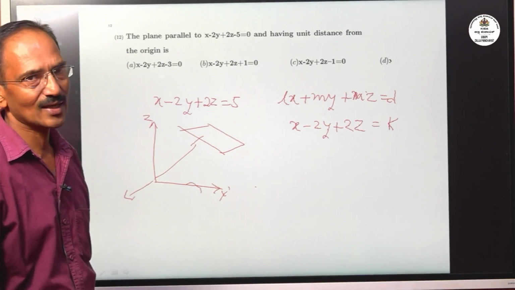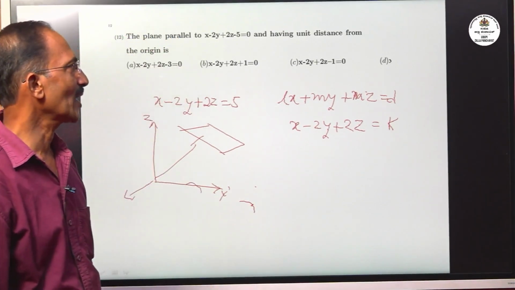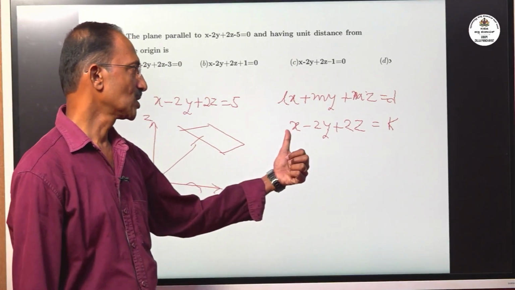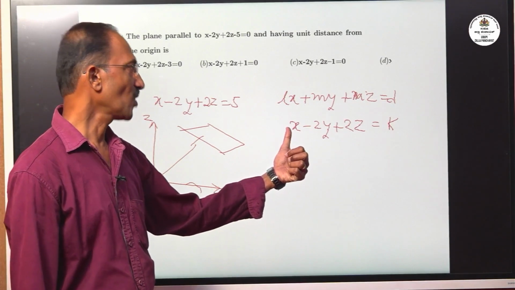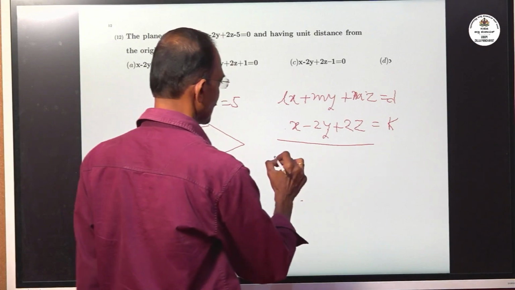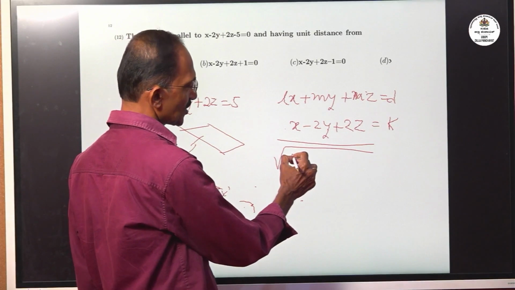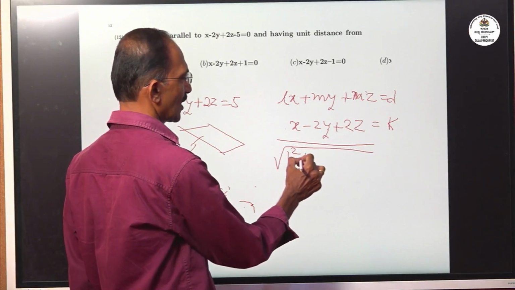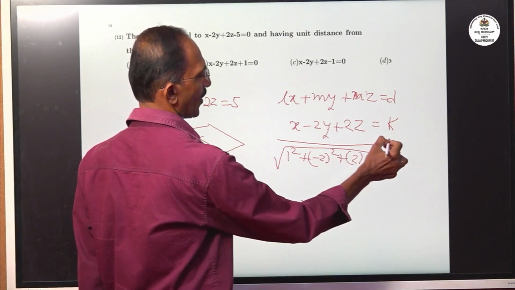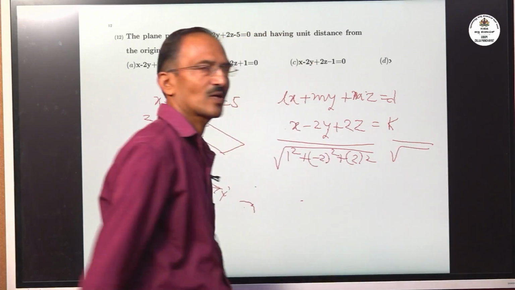So how to make them direction cosines? The coefficients should be divided by the magnitude of the normal, that is the direction ratios of the normal 1, minus 2 and 2. So you divide throughout by the square root of 1 squared plus minus 2 squared plus 2 squared, and to keep it equal, you have to divide the right hand side by the same value.